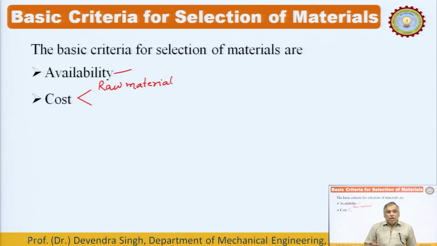If we want to make our design cost effective, we should select the raw material without compromising safety. Raw material which should be economical, जो सस्ता हो उस मटेरियल को हम सेलेक्ट करेंगे बिना सेफ्टी से कॉम्प्रोमाइज़ किए हुए. And second is the transportation cost.